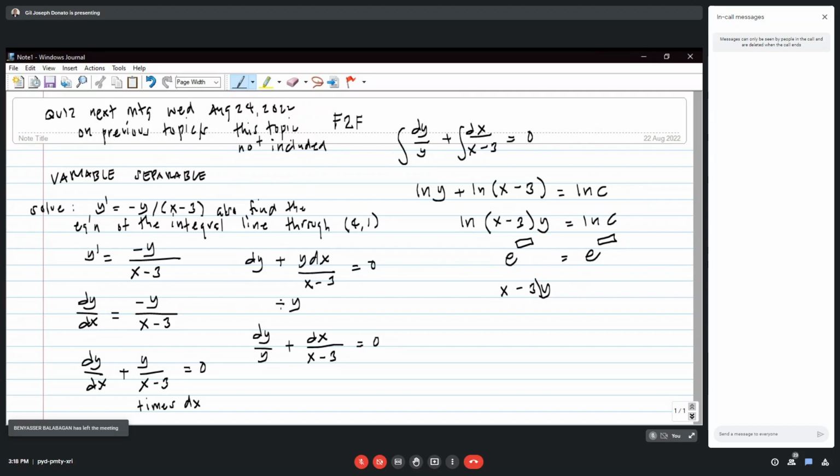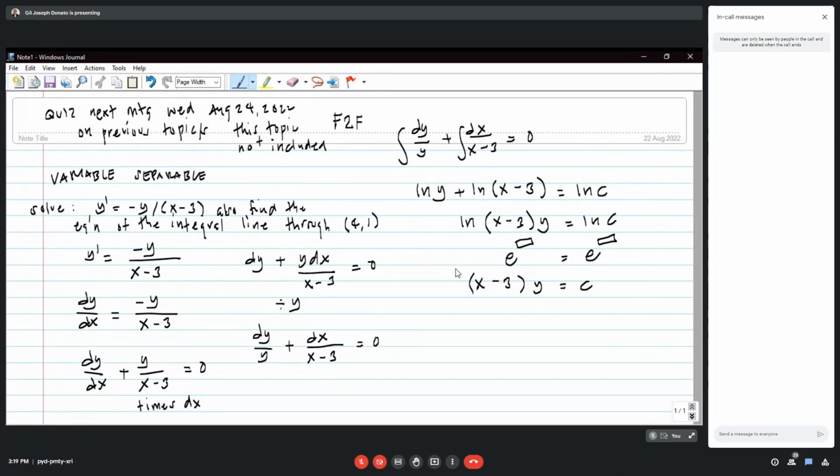Close natin na. Maliit ang space ko talaga dito, so lilipat ako para magkaroon ng mas malaking space. So, x minus 3 that is y equal to c.